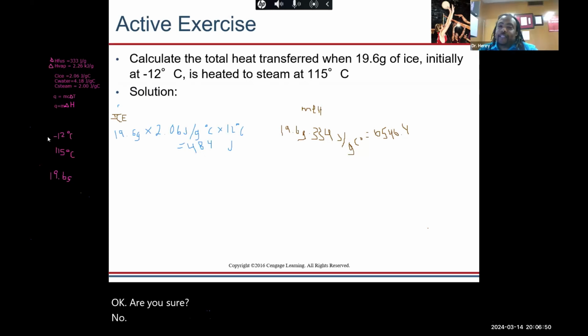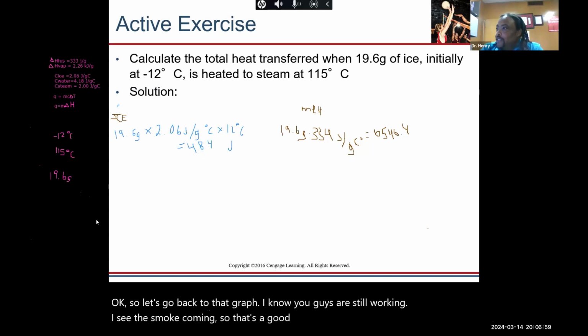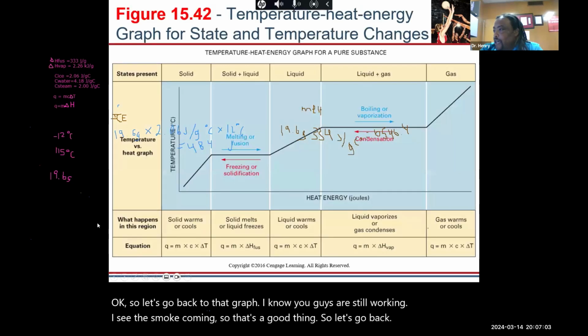Okay. So let's go back to that graph. I know you guys are still working. I see the smoke coming, so that's a good thing. Okay.